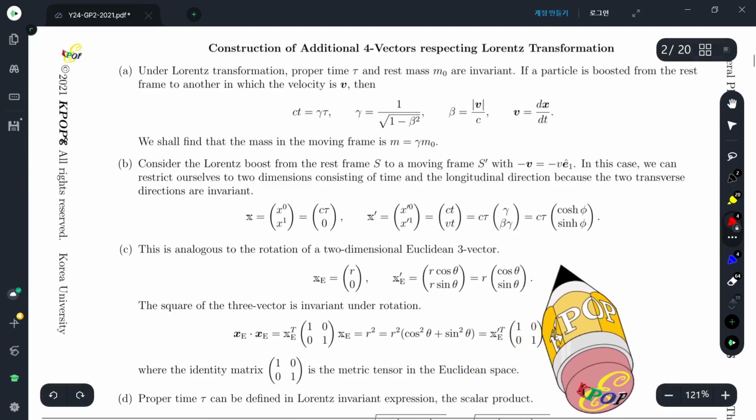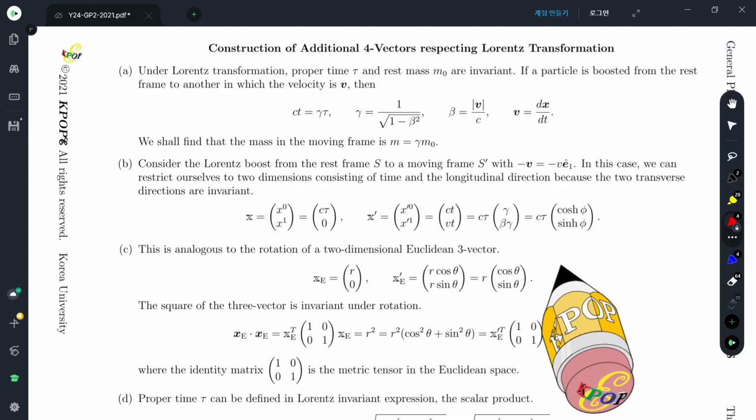Now we are ready to study four velocity, and we shall find that the zeroth component of the four velocity is closely related to the famous formula E equals mc squared.